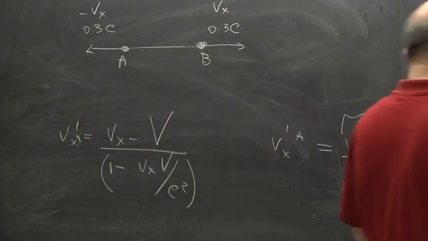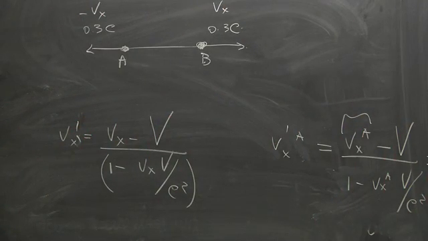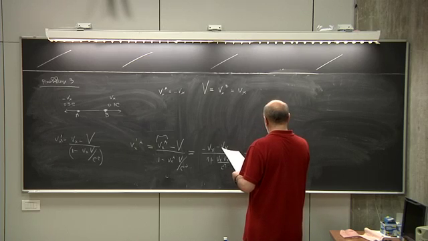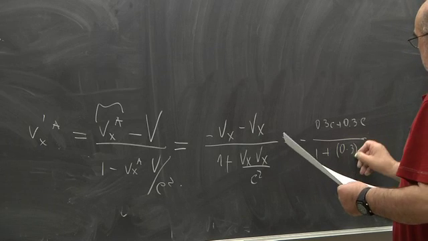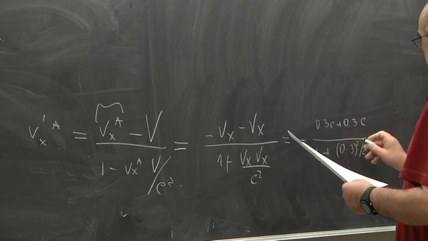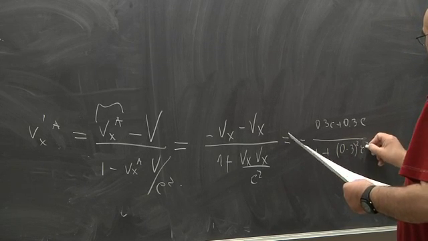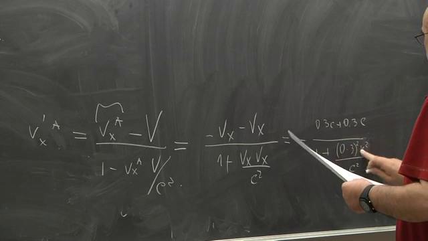We know it is 0.3, so we get minus 0.3 c plus 0.3 c, over 1 plus 0.3 squared c squared times c squared over c squared.